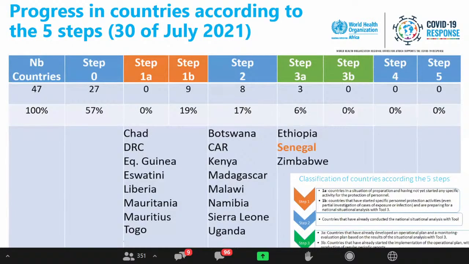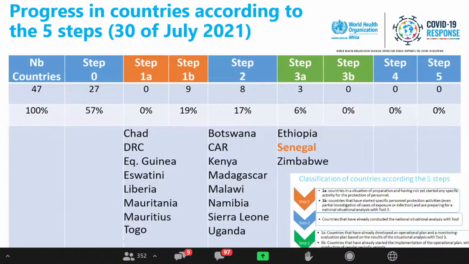Here in this slide, you can see the situation of African countries according to the 5 steps as of 30th of July 2021. And as you can see, in many countries we did not get any information.